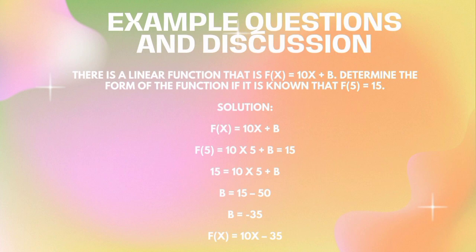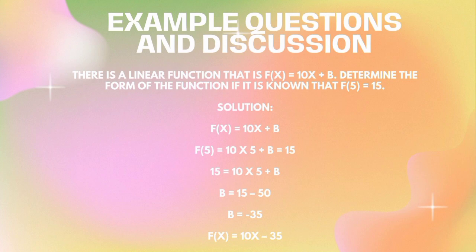And here we go, the last question. There is a linear function that is fx is 10x plus b. Determine the form of the function if it is known that f5 is 15. So, the solution is fx is 10x plus b.